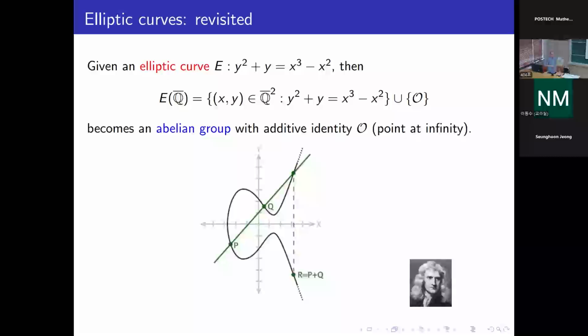So it's a very concrete operation. I'm cheating slightly because this is the real picture of the elliptic curve. You would have to do that in a complex picture to really always have 3 intersection points. But the takeaway is the elliptic curve has this great extra structure of having an abelian group operation.